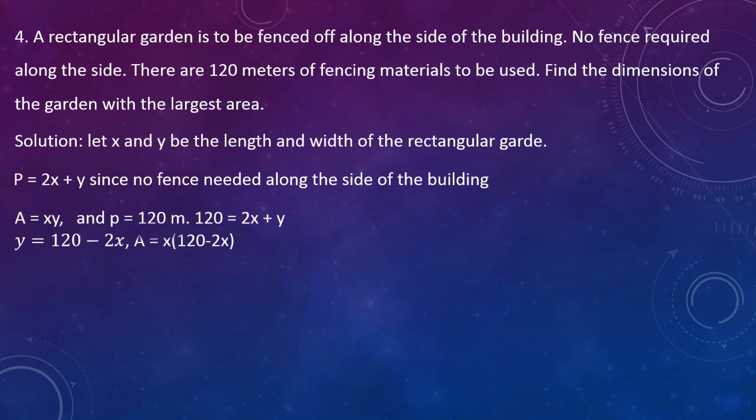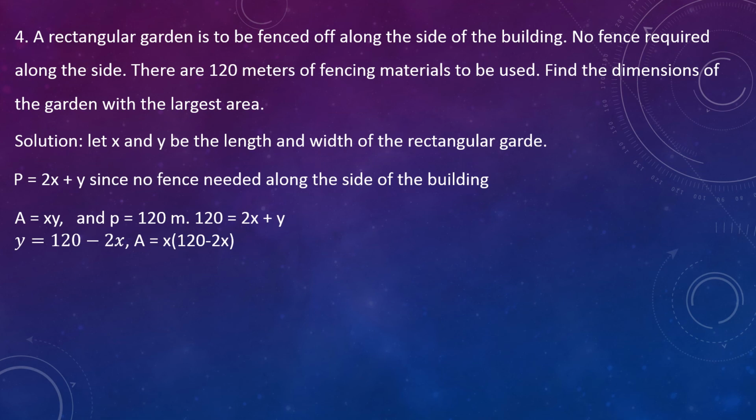Then to maximize the area, we have area is equal to x times y. And p is equal to 120. So we have 120 is equal to 2x plus y. Then we can now get the value of y, which is 120 minus 2x. Then we have here the area is equal to xy, and the formula for area is x times y, or length times width.